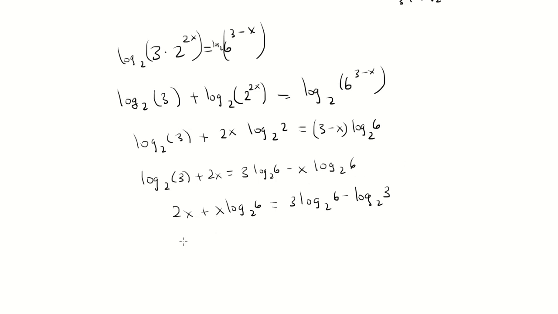And so I can factor out the x. That's 2 plus log base 2 of 6. And then this one I'm just going to rewrite as log base 2 of 6 cubed minus log base 2 of 3. Note that both logs have the same base, so I could just divide 6 cubed by 3.